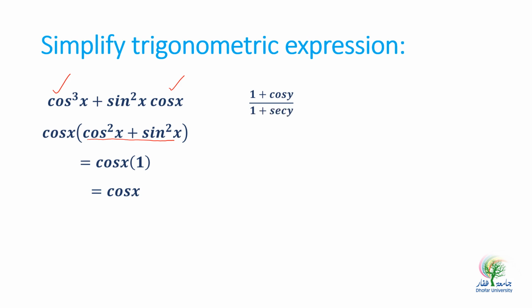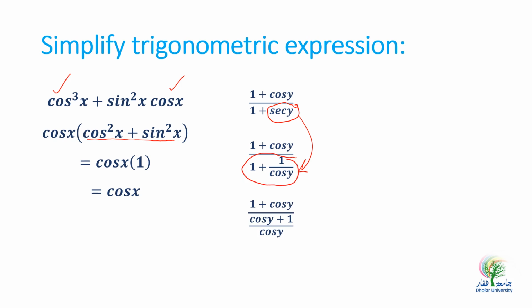Now simplify 1 plus cosine y divided by secant y. Secant, we know, is the reciprocal of cosine, so write the remaining the same, just replace secant by 1 divided by cosine y. Then in the upper part, 1 plus cosine y, write the same, but these two we have to add. How do we add?